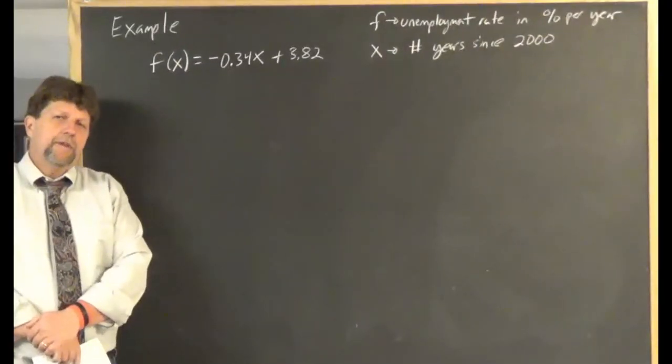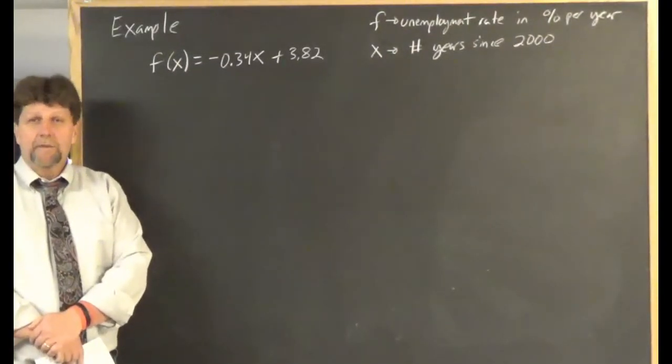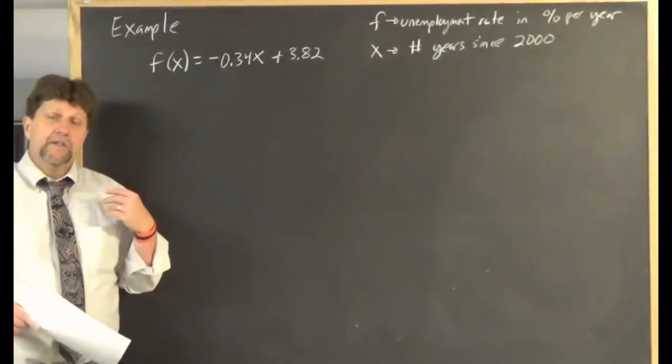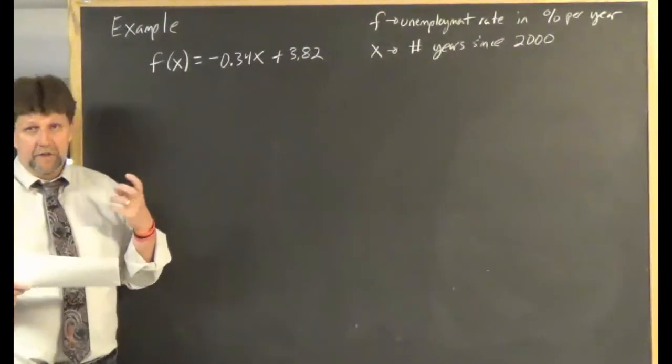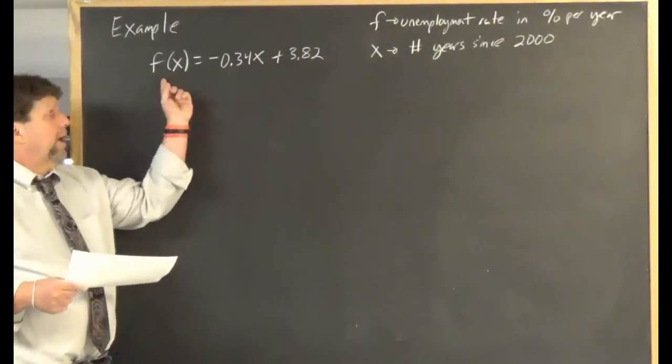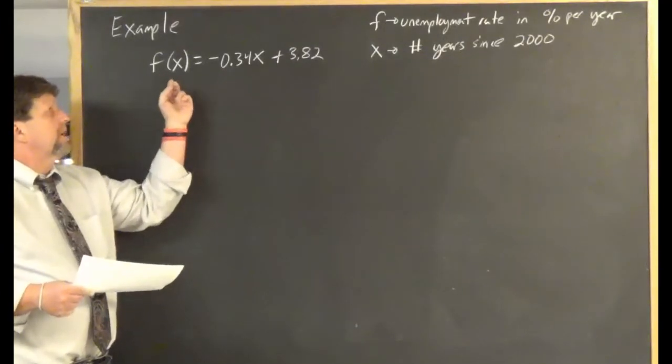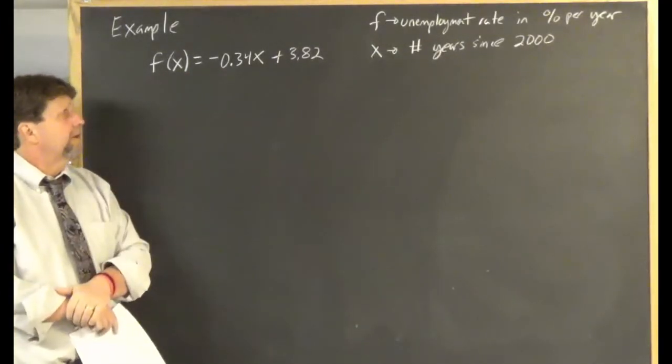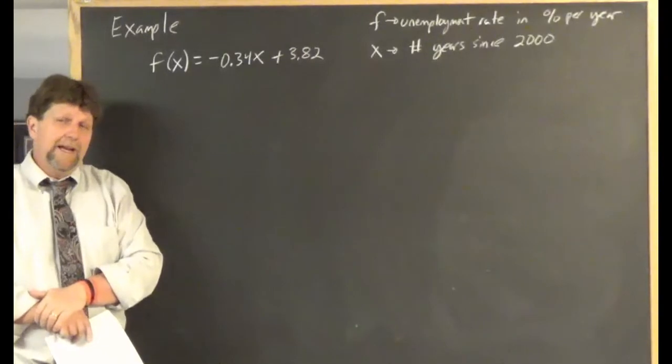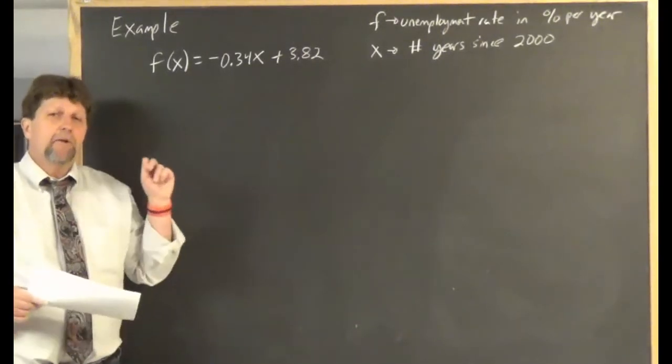All right, hopefully you wrote this example down in your notes, because I'm not going to write all the words on the board. I just pulled out the function that we're talking about. The rate function that we were given was f of x equals negative 0.34x plus 3.82. That is a rate function.